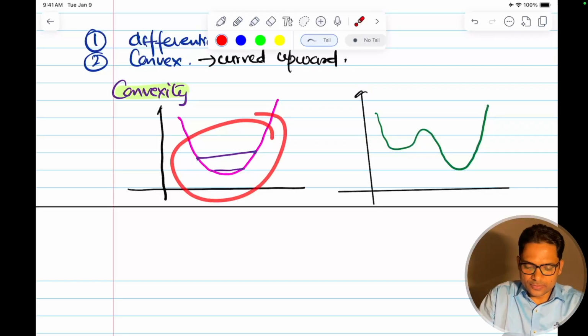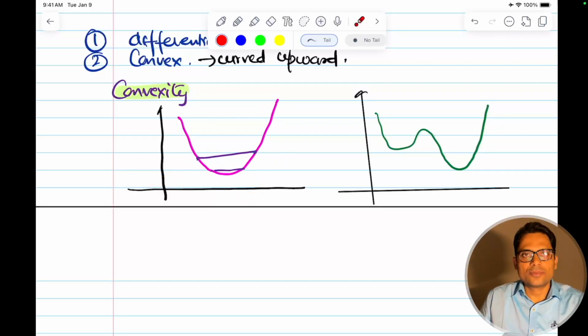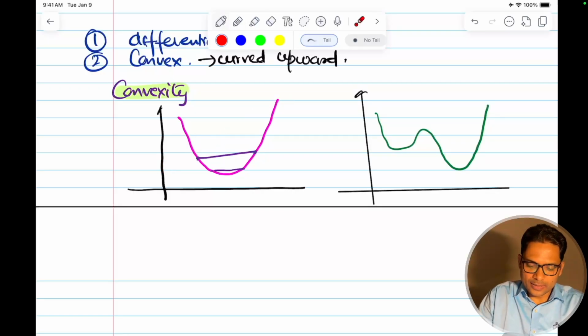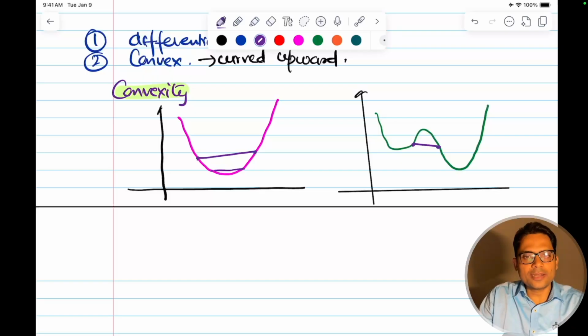Okay, and this fits the bill. But if you see here in this curve, if you have this point and this point, say I'm drawing a line, but is it always above the curve?